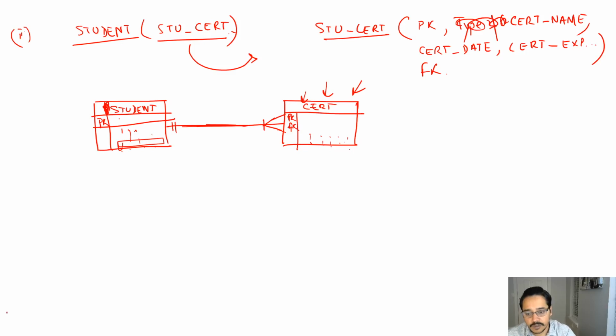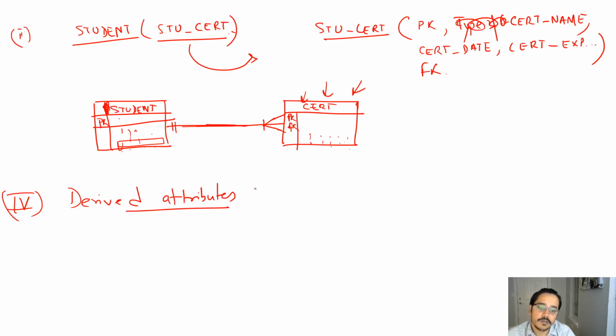Okay, so then the final attribute, I think it was 1 required versus optional, 2, 3, 4. So the fourth one are derived attributes. Derived attributes, you need to assess them for data redundancy purposes.